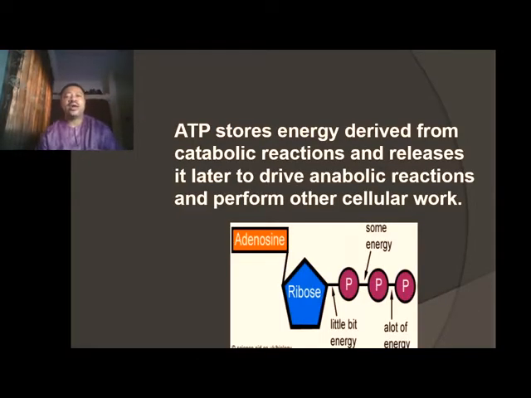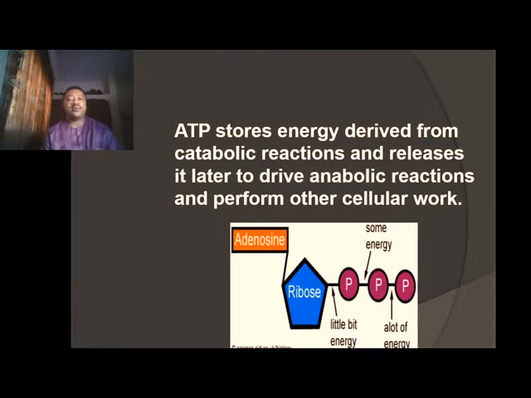Now, the concept of ATP becomes very vital at this point. In nature, in every one of these biological systems where metabolic reactions take place, remember that the metabolic reactions are a combination of anabolic and catabolic reactions.